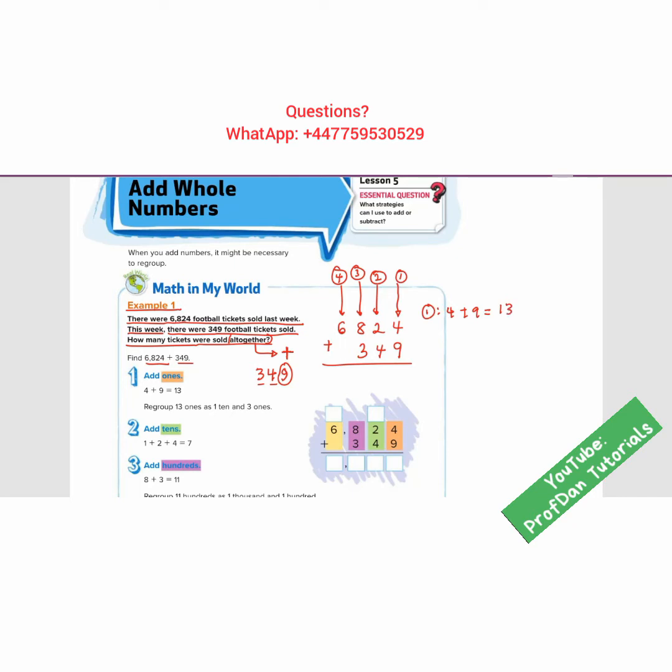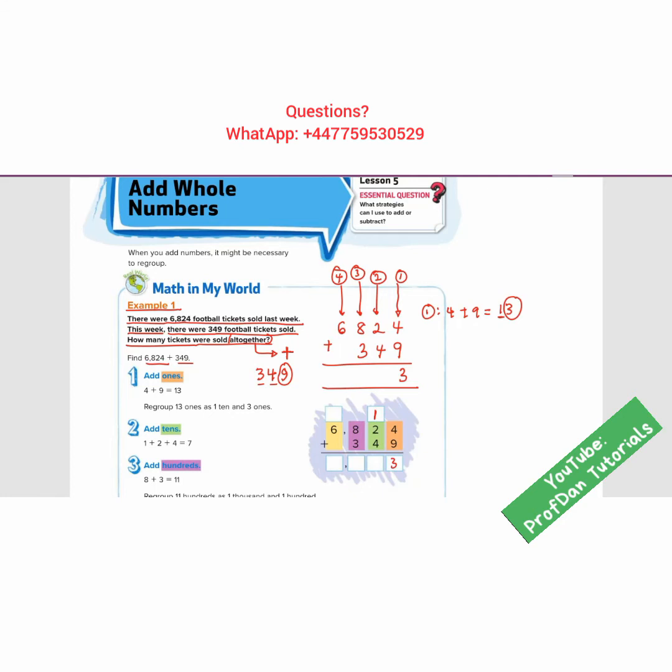Another thing you need to know is you don't write the whole 13 in the answer. Write the last digit, 3. So I'm going to write 3. The remaining number, which is 1, take it to the next place value.